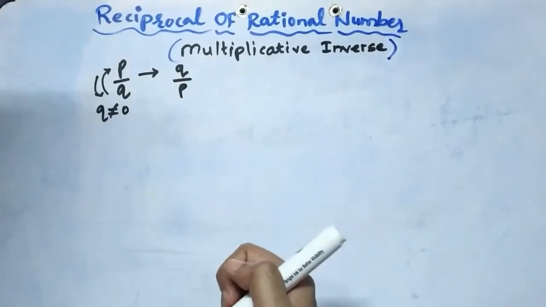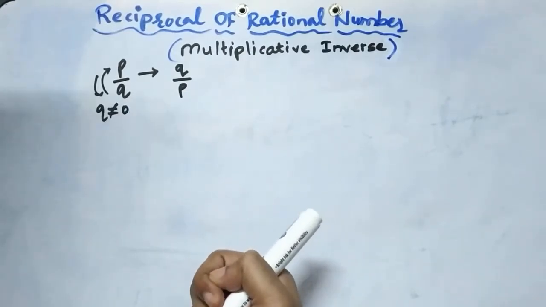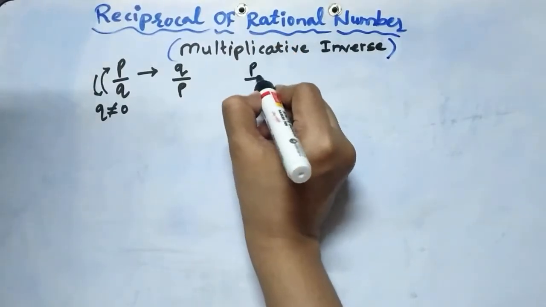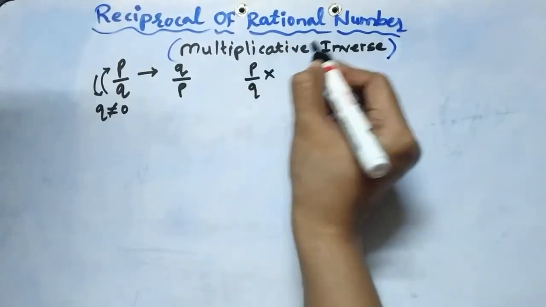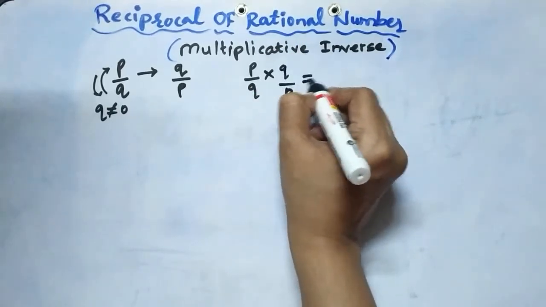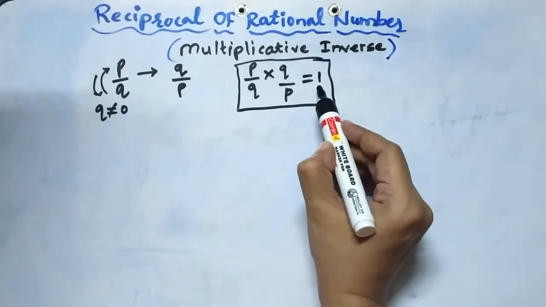Since there is no rational number which, when multiplied by 0, gives 1, 0 has no reciprocal. For example, we have a rational number p by q. We multiply it with its multiplicative inverse, or reciprocal, and we always get 1. The 1 is the multiplicative identity.